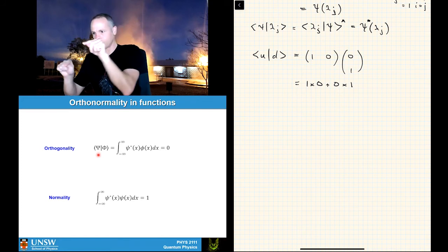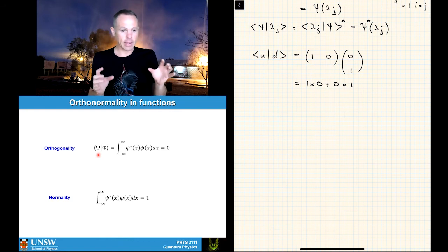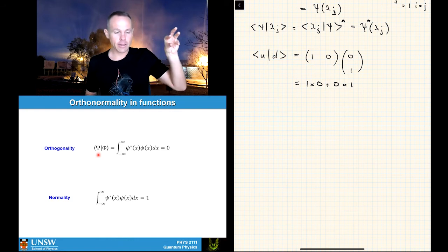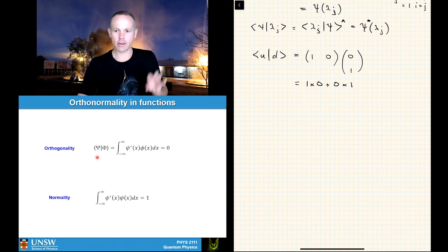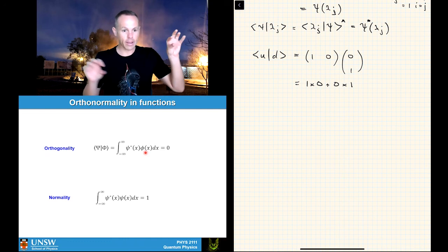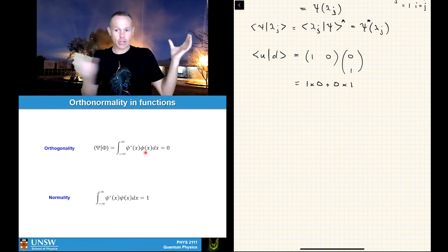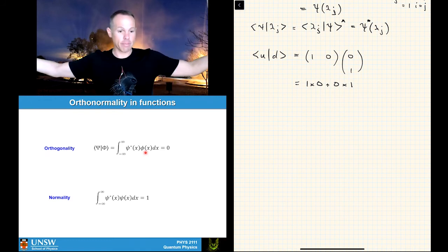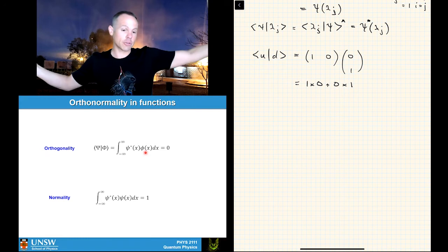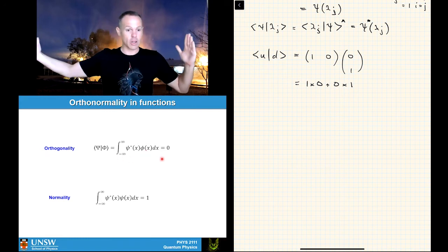You get this blip on this one, you get this blip on this one, and you go all the way to the end. What that is mathematically is taking the first of these functions, which we'll call psi here, and the second of these functions, which we'll call phi here, and basically adding all the terms together over their entire range as the product, and doing that from one end to the other, right? And because it's a function that you can allow to go from minus infinity to plus infinity, you're basically doing an integral over the entire function.